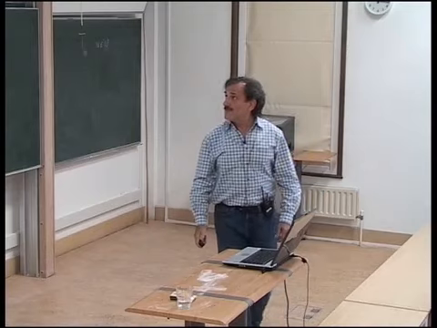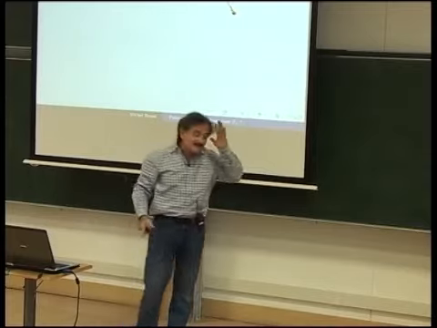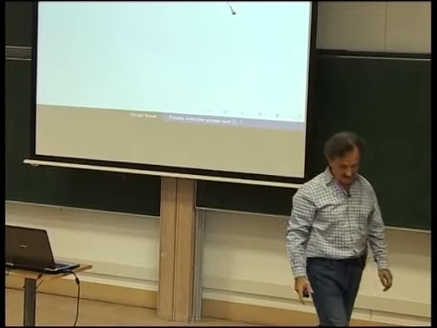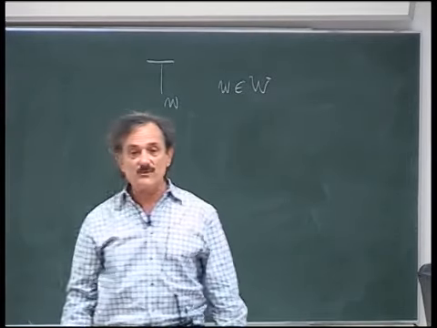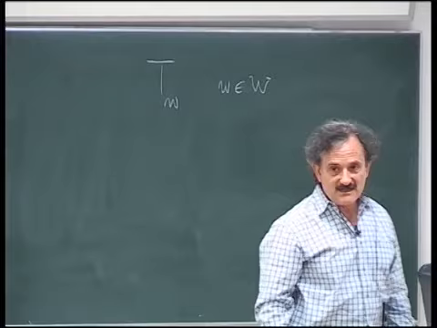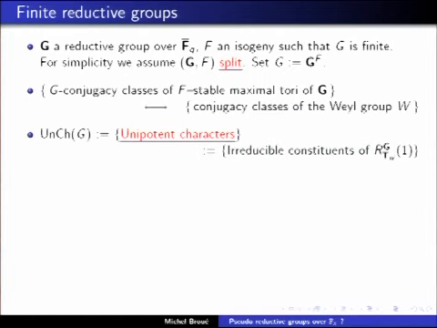Now, the set of unipotent characters, I try to make the notation as explicit as possible. It's always a problem. The set of unipotent characters are just the set of irreducible constituents of the Deligne-Lusztig induced character from T_w up to G of 1. So this Deligne-Lusztig induced character is an alternating virtual character constructed using the cohomology of the Deligne-Lusztig variety.